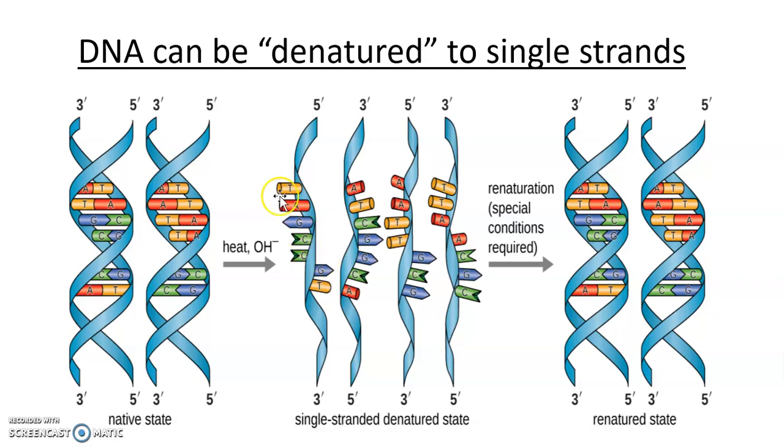And if you take them and heat them up and mix them up with an alkaline solution, which you remember would break down RNA, but what happens with DNA is it separates the 2 strands, and now you end up with single-stranded DNA. And one of the amazing things is these 2 strands, as they cool back down, are going to re-anneal, and they will reform those hydrogen bonds between their complementary bases.